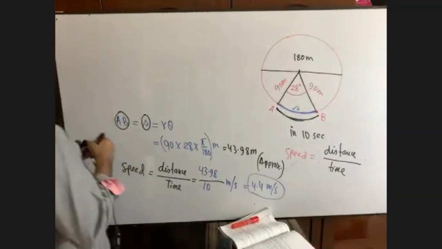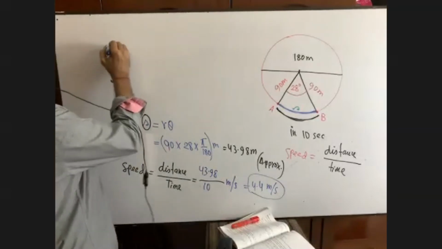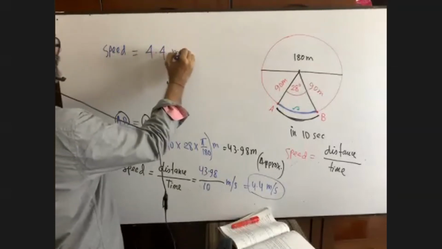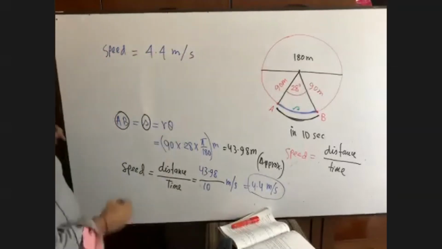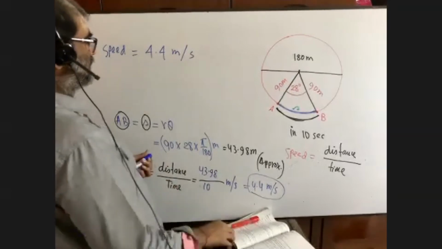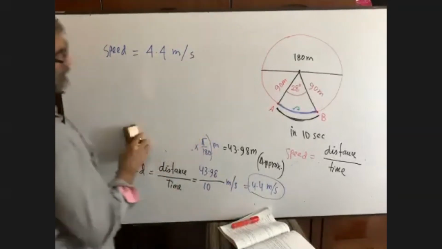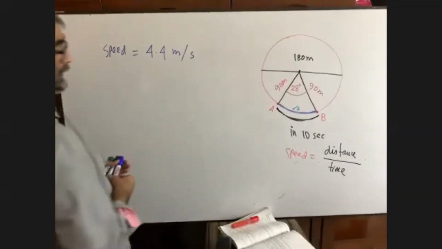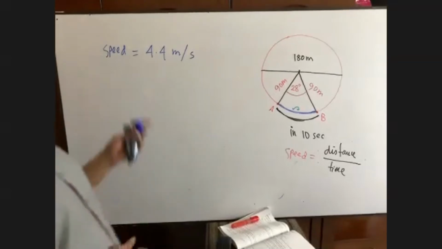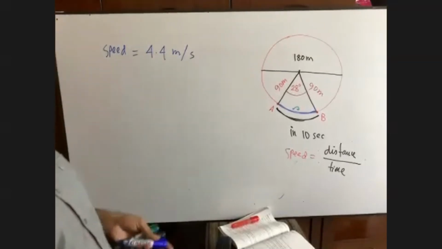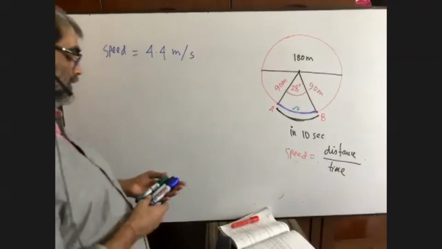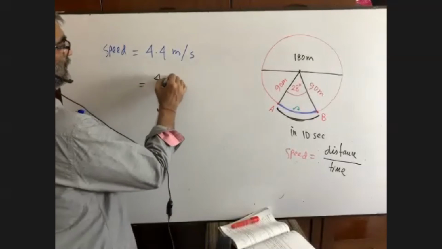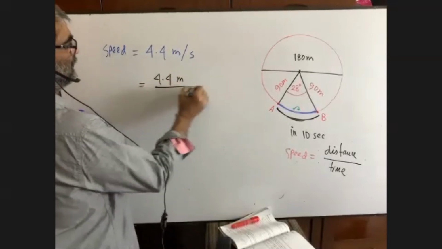What will you do? 4.4 meter per second, you have to express it in kilometer per hour. Suppose you are given 4 meter per second, convert it into kilometer per hour. You have a calculator, you can find it with the help of the calculator.